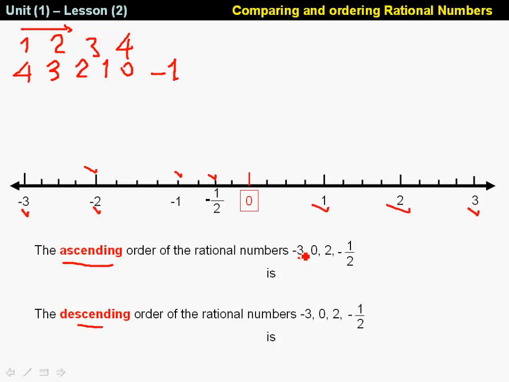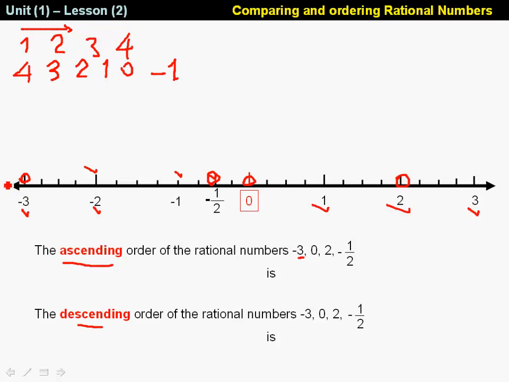Represent these points. Minus 3 is here, 0 is here, 2 is here, and minus half is here. After that, we want to order them in ascending order from small to large.